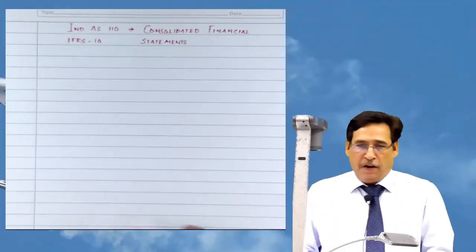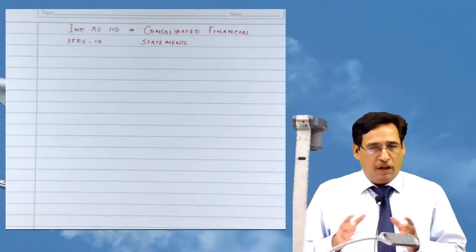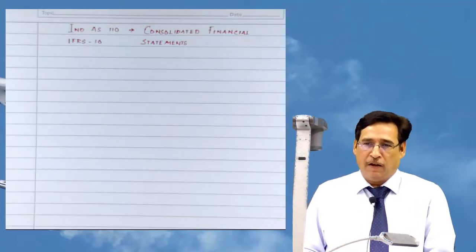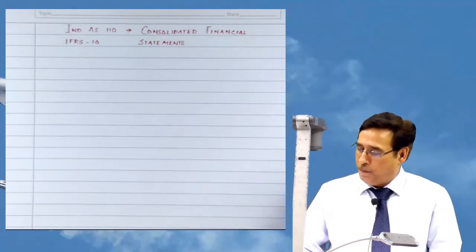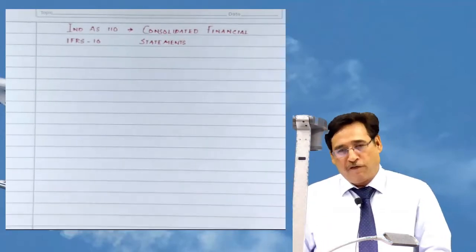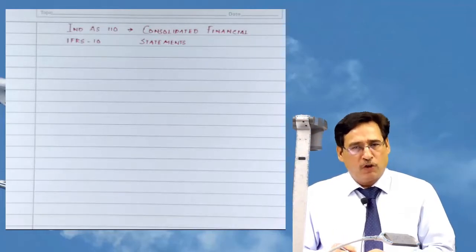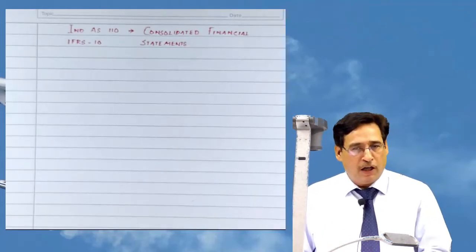As you can see on your screens, I have already written Ind AS 110. In the Indian context, IFRS 10 is known as Ind AS 110, correct? It deals with consolidated financial statements, which you have surely heard about. First of all, we'll pick up the threads right from scratch, and slowly and steadily move to the higher notches.